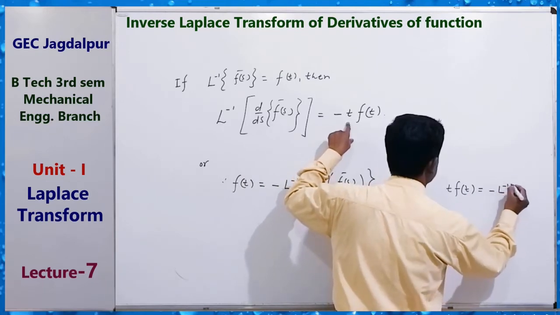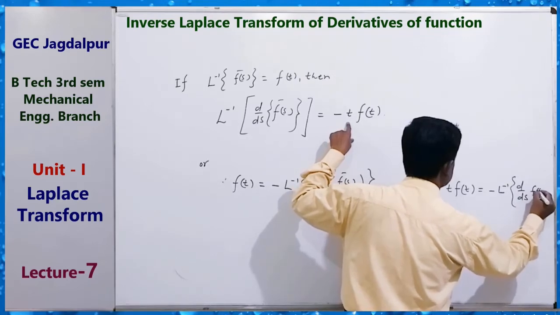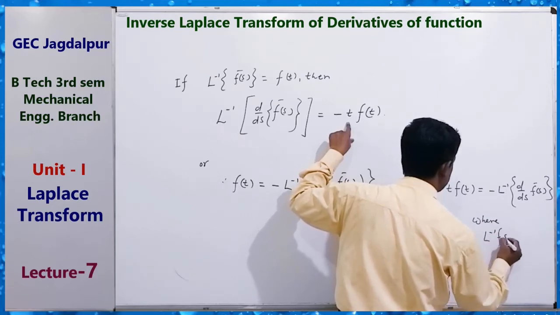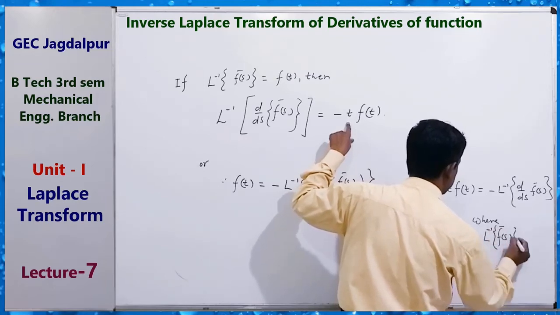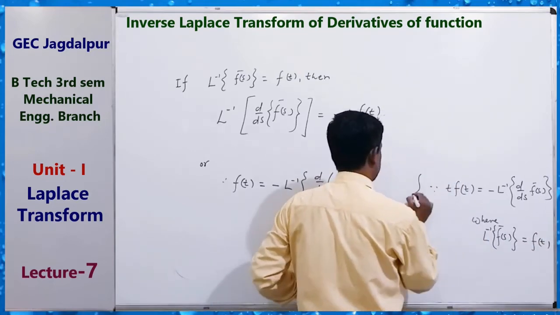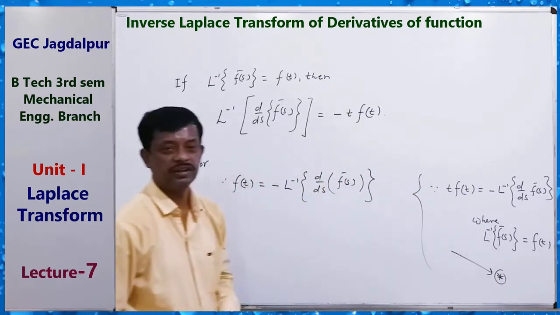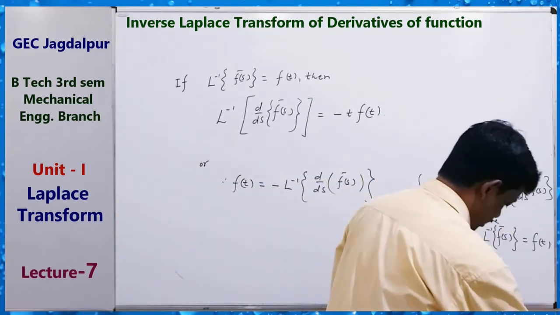Minus of L inverse d by ds of f s bar, where L inverse f s bar equals to f t. This is formula star. Okay, this is our formula. We have to use this formula for solving questions. Okay, so note down the question.